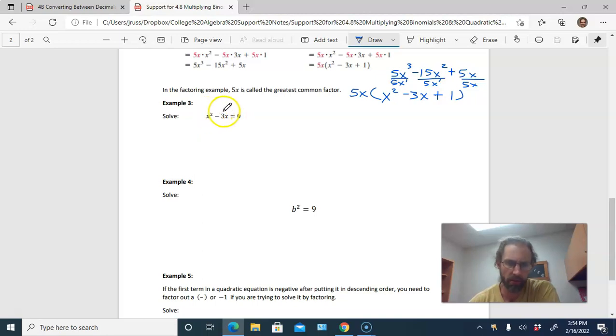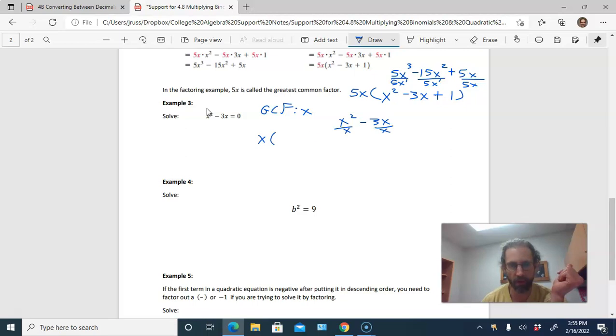So you look at these two terms and you ask yourself, well, what do they have in common? Well, they each have at least one factor of x, okay? And so what you do, I'm going to put this in the notes, greatest common factor here is going to be x. So you take out that x, and to see what you're going to have left, you go back and divide these by x.